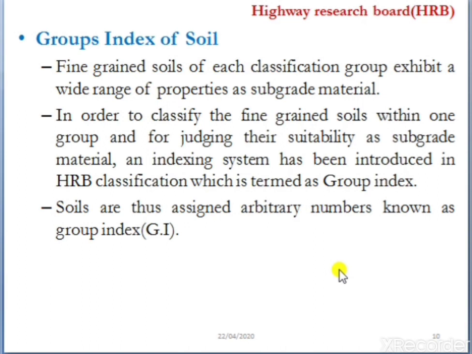As I said, group index is a classification in which all the fine grained soils are made into a single group and indexing is done. This is done to judge the suitability of the soil, whether that soil can be used as a subgrade material or not.